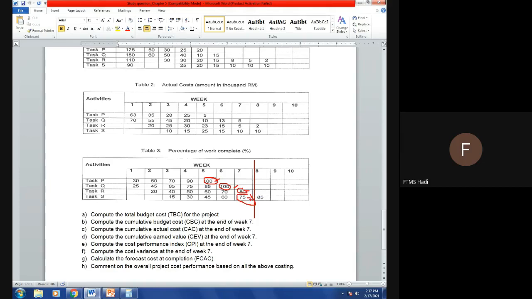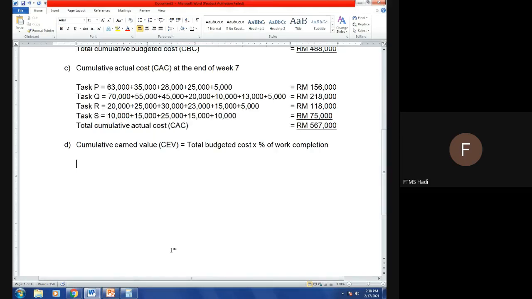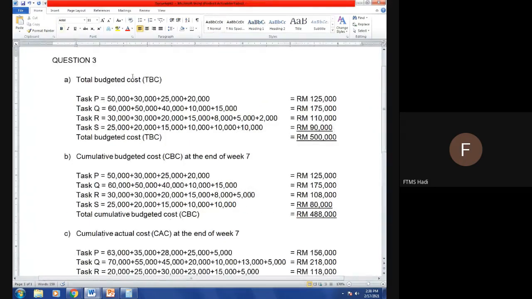Okay, so by using this formula again, task P, task Q, task R, task S. For task P, total budgeted cost you already got here, from question A. So I just bring it down there, 125, 175.